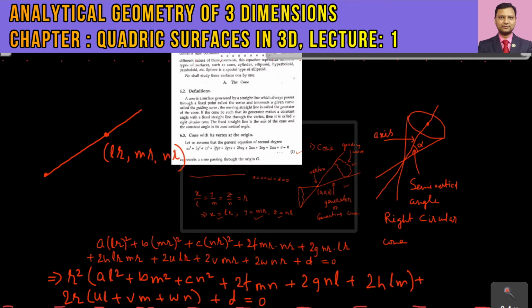This type of line will always lie on these generators. So this equation has to be satisfied for more than two values of r, or in other words, this is actually an identity. So the coefficient of r square, the coefficient of r, and the constant term would be individually equal to 0.